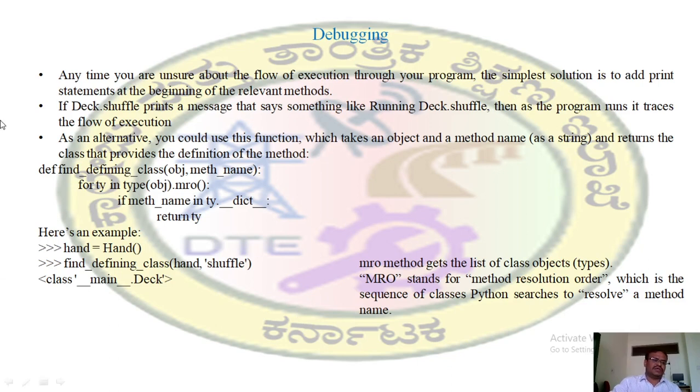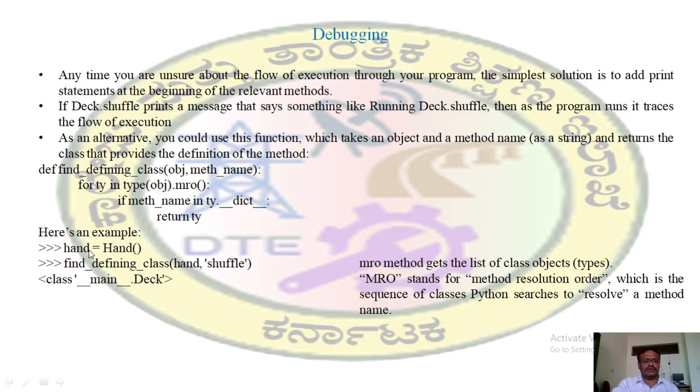Here is one example: the definition find_defining_class(obj, method_name), which loops for ty in type(obj).mro(), and if method_name in ty.__dict__, returns ty.